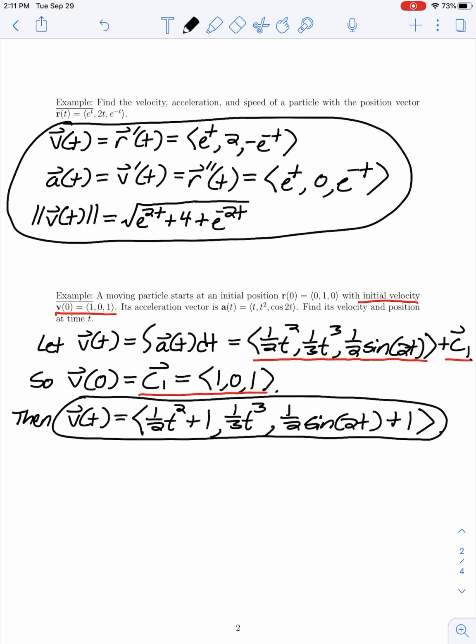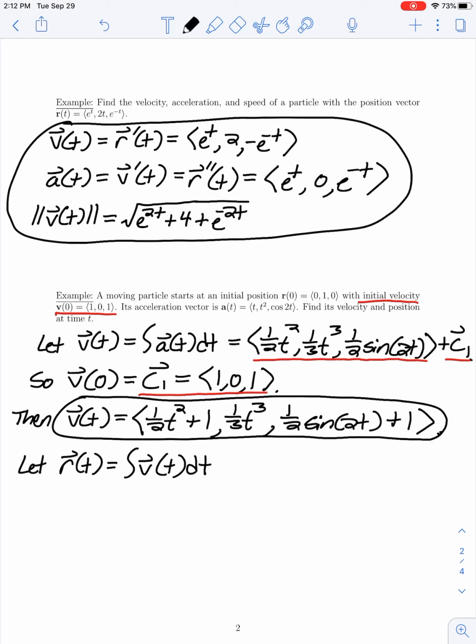That was one part of our problem, finding this velocity vector. Now we were also asked for the position vector of this object at any time t. And if we know the velocity vector, which is the derivative of our position vector, then we could calculate the position vector r of t by finding the antiderivative of the velocity vector v of t.